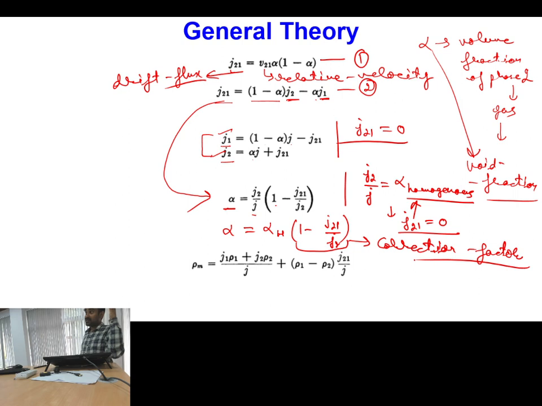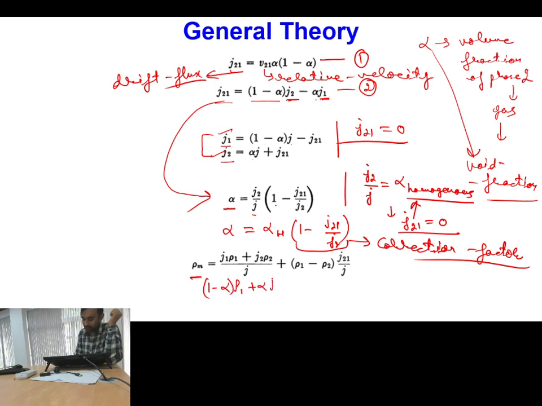In a similar way, you will be able to recall that when we were defining the mean density for the homogeneous flow approach, we had written mean density as alpha times rho 2 plus 1 minus alpha times rho 1.